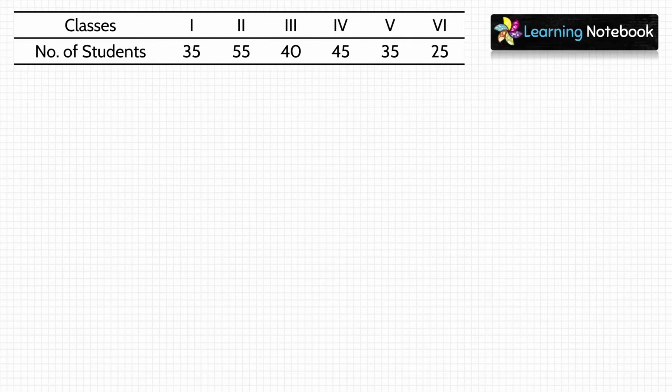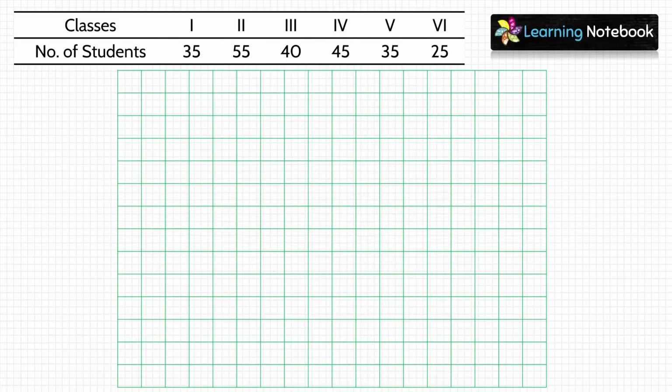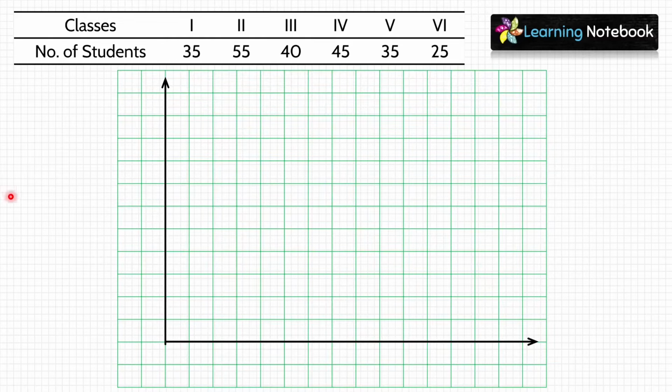To draw the bar graph, take a bar graph sheet and draw horizontal and vertical axes as shown here. Students, this sleeping line is called horizontal axis and this standing line is called vertical axis. Now, first of all, we have to decide what each block or 1 centimeter stands for.